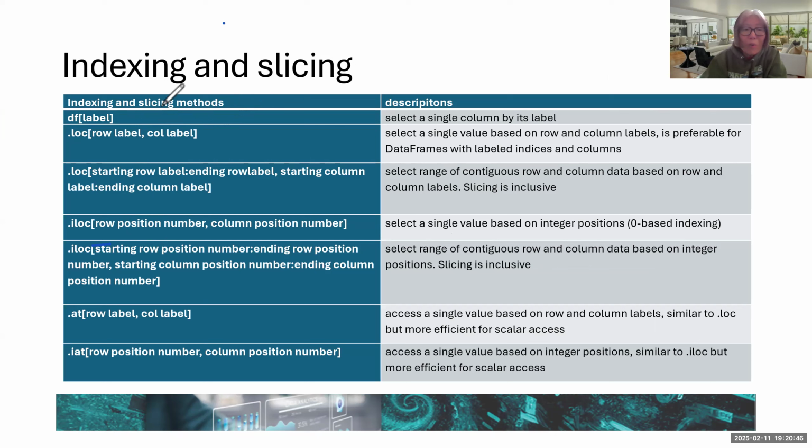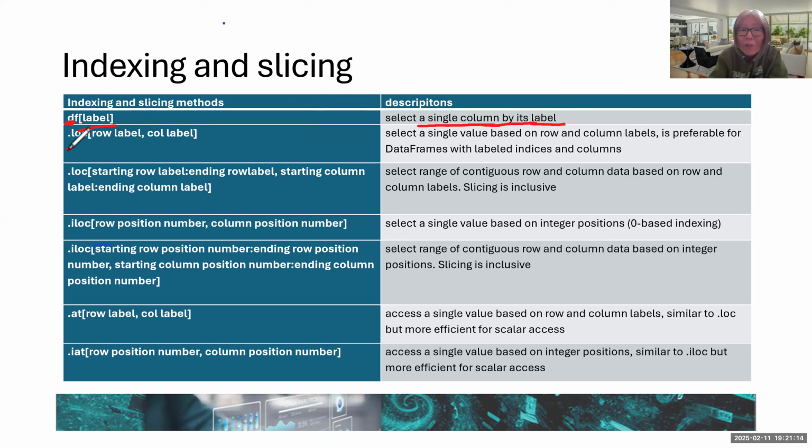One is you directly use the data frame, followed by regular indexing and slicing, where you pass in the label. But be careful, this is used to select a single column by its label. It's not applied to rows, just columns.